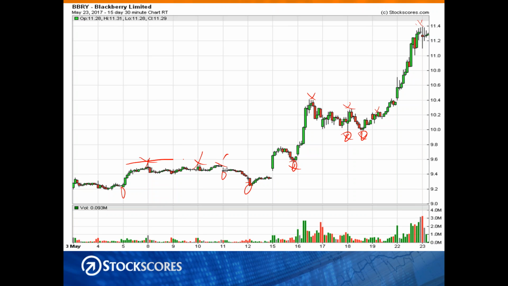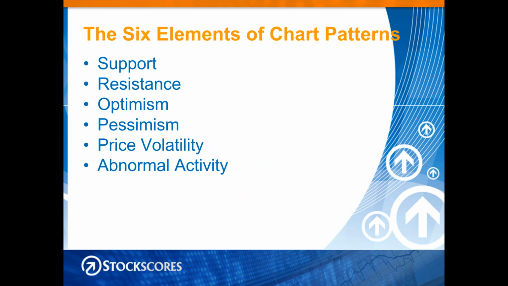Okay, then connect the dots. And now you can define trend lines, lines of resistance, lines of support, all the things we're going to talk about next, the 6 elements of chart patterns.